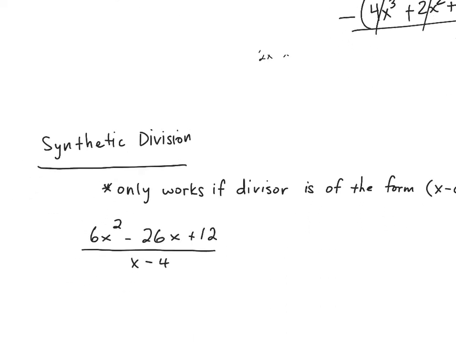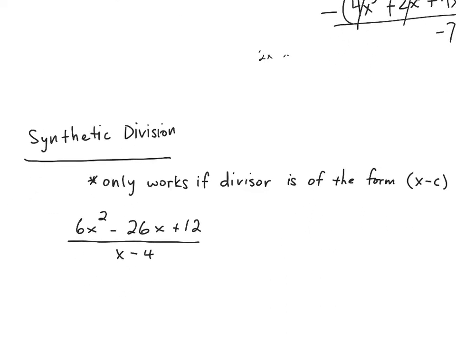Okay, so some of you probably remember from Math 1010, there's another way of dividing polynomials called synthetic division. But synthetic division only works if your divisor is of the form x minus c. So it needs to be a first degree polynomial. It doesn't necessarily need to have a leading coefficient of 1. It is easier if it does. But the most important thing is it has to be a first degree polynomial.